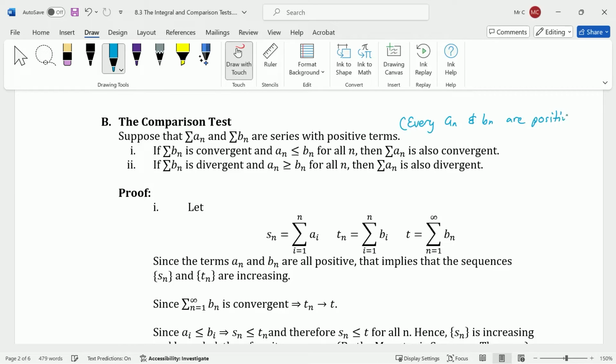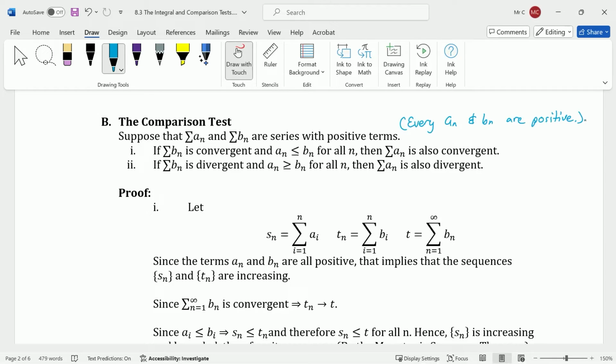Now this is very, very important because this theorem does not work if any of those terms are negative. You need to know that every single term is positive or you cannot use this test. It breaks completely otherwise. So we need to know that all the terms are positive if we want to be able to use the comparison test.